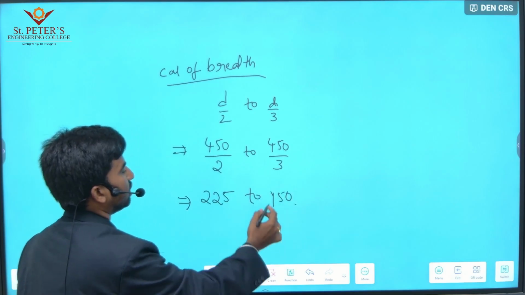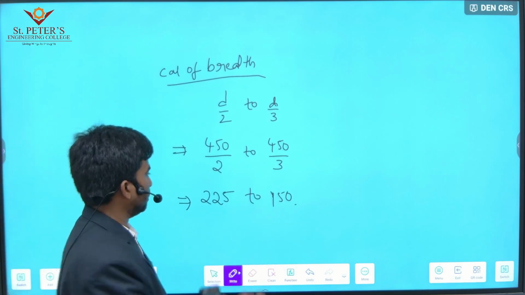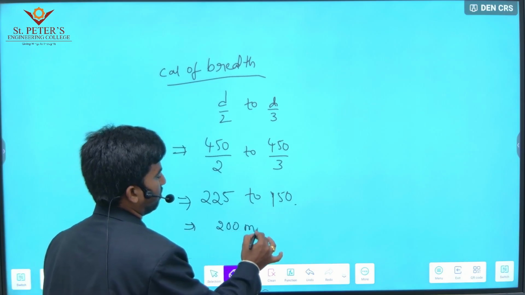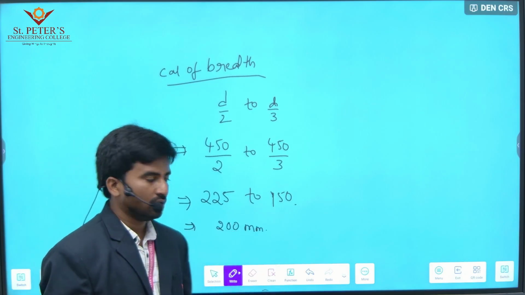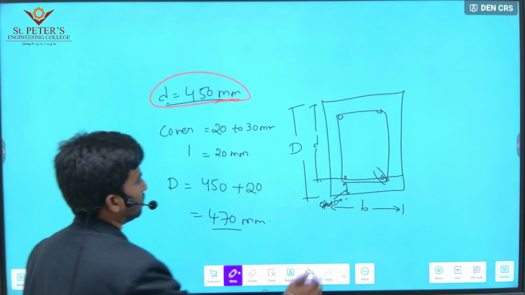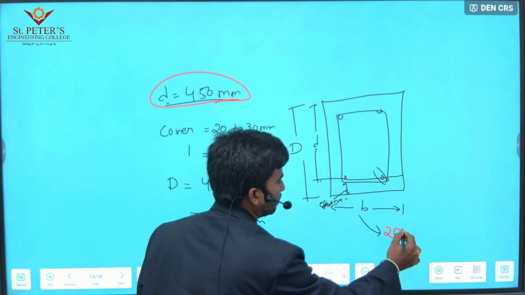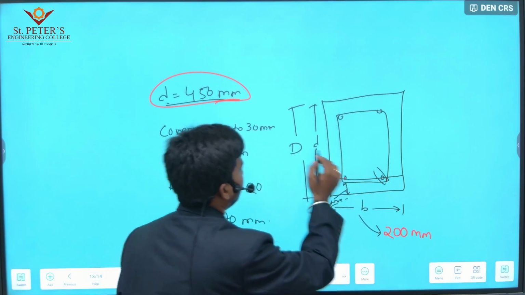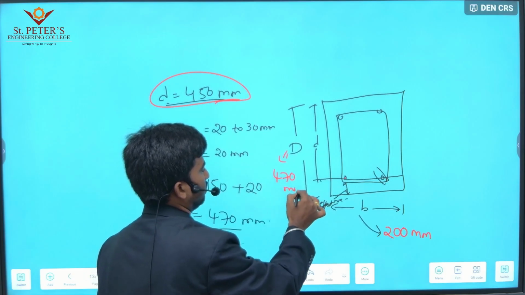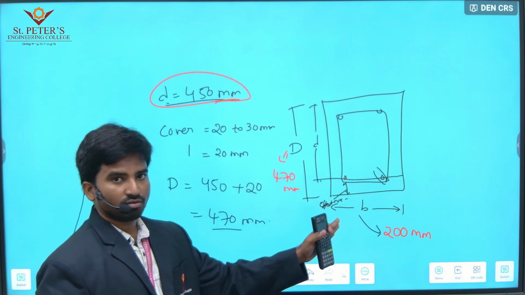So the value is a minimum of 150 to a maximum of 225. So I am considering 200 mm, our assumed value. This is the breadth, so B is 200 and the overall depth is 470 mm. So in the first step we calculated the cross section of the beam.